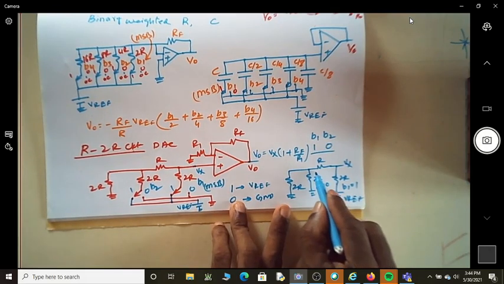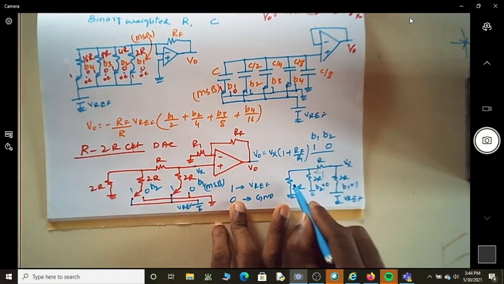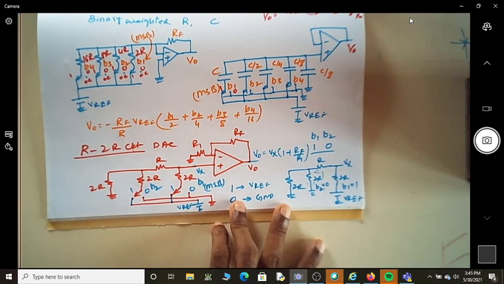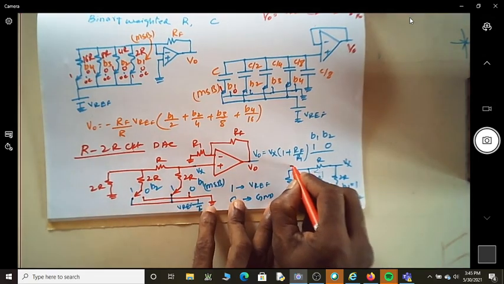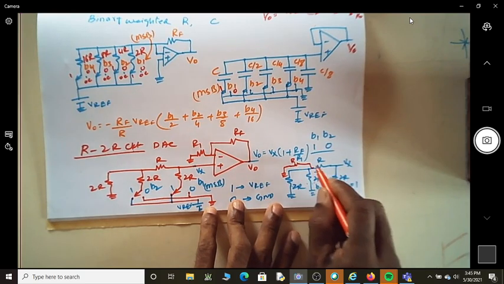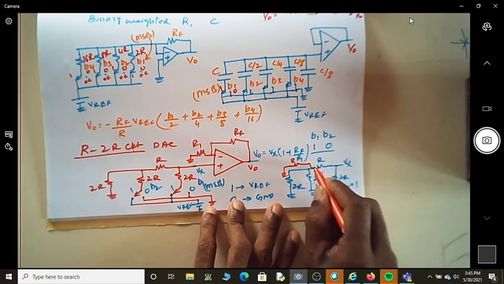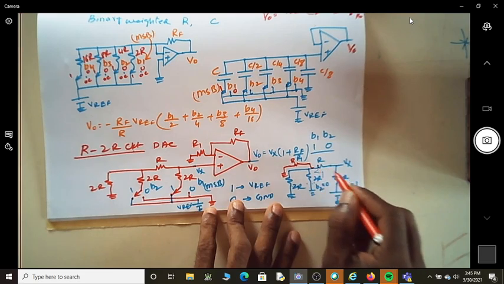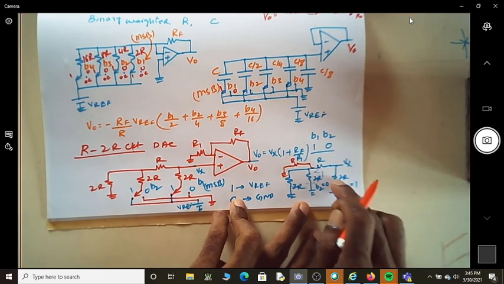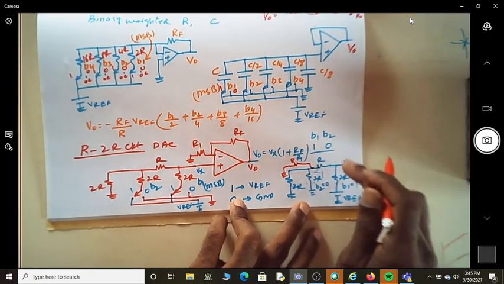You are looking at what Vx is. If you look from this side, is it 2R coming in parallel? Since 2R and 2R are in parallel, it will end up with the effective resistance of R, that is grounded. Then you have R and R coming in series, so that will become 2R. So that 2R and this 2R are in series now. That is, this is 2R and you are going to have one more 2R here which is connected to ground.